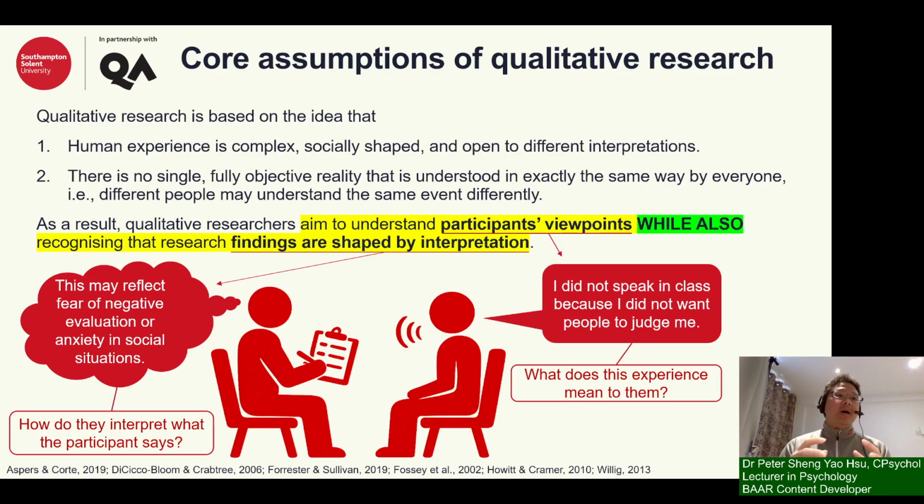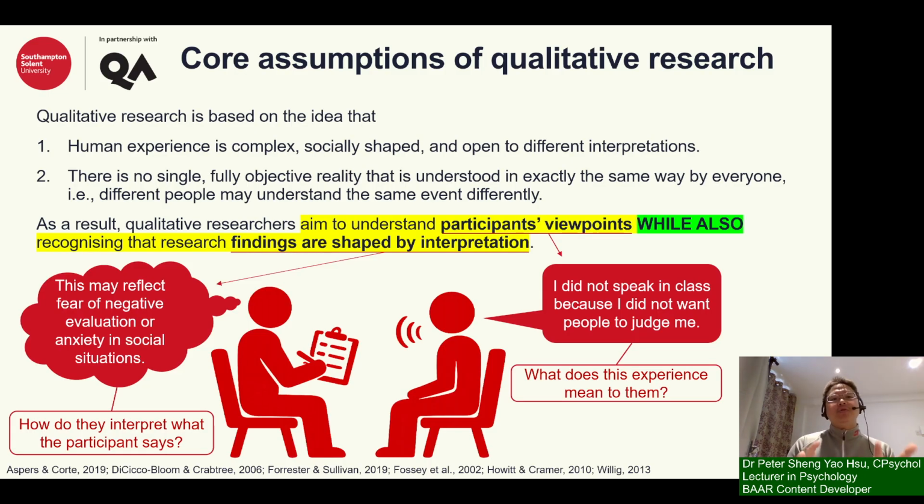The statement may reflect fear of negative evaluation, anxiety, previous negative classroom experiences, low confidence, concern about academic language, or something else. A qualitative researcher will explore the meaning further rather than immediately deciding what it means.